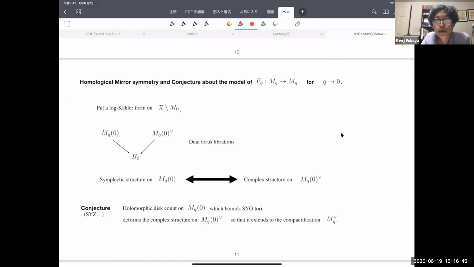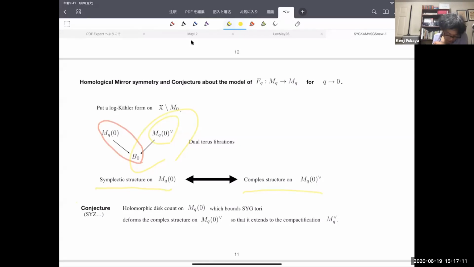Oh, no, it's okay. Yeah, so now we consider this regular part of SYZ fibrations, and they consider this dual torus fibration. So you take the fiber-wise dual, you have another fibration, and the symplectic structure of M0Q gives a complex structure of this dual torus fibration.